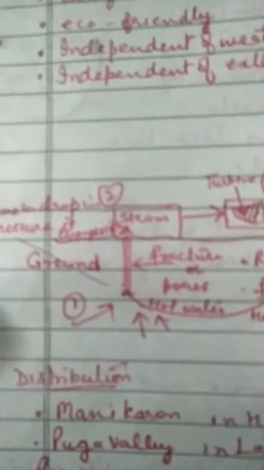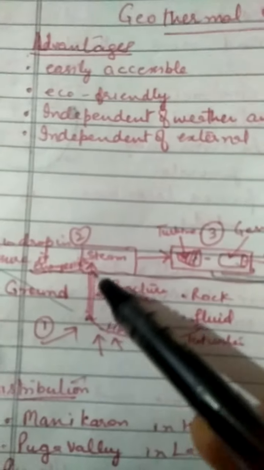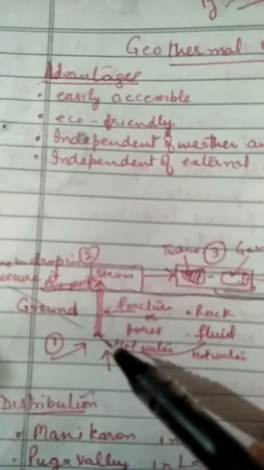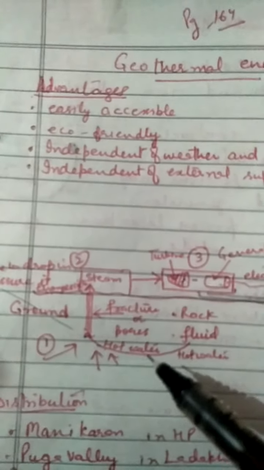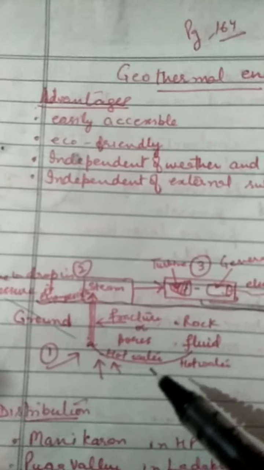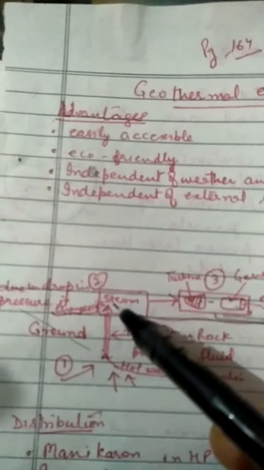Now, how does it work? In this case, where there is a fracture in the surface of the earth in the interior, hot water from the rock comes through pores onto the surface.